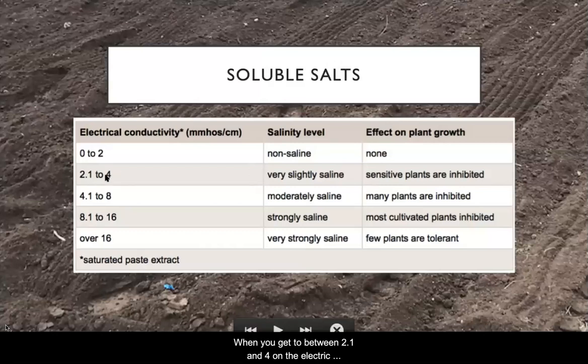When you get to between 2.1 and 4 on the electrical conductivity scale for EC, that's considered slightly saline, and some of the plants like strawberries and things like that can start to be affected. 4 to 8, you're starting to get pretty darn saline, and then once you get above 8, you're starting to be strongly saline. So let's take a look at a chart here that tells you how different plants are affected.